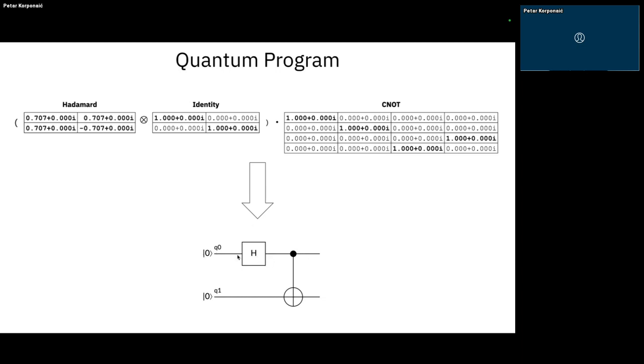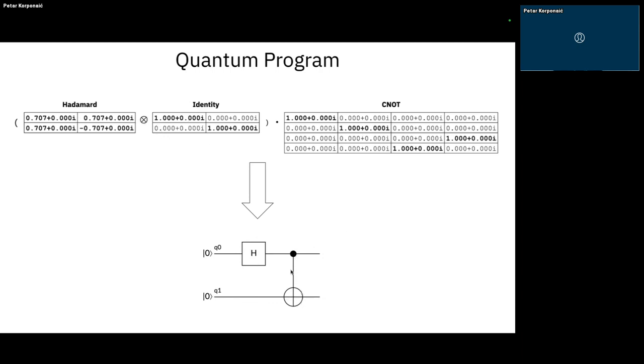So these horizontal lines are qubits or individual particles, and these symbols are actually matrices. For example, this H box is Hadamard matrix. This identity matrix is not shown. It should be here, but identity doesn't change anything, except it makes our tensor multiplied Hadamard makes it bigger. But identity is here, and we have C naught, which is this symbol.